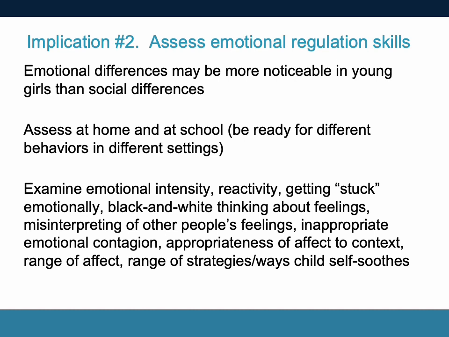Some of those include exaggerated emotional intensity, going from 0 to 60 very, very quickly, but then also categorically stopping that high emotion and jumping into a different emotional state, almost as if these are discontinuous emotional experiences. Parents often report high levels of reactivity, some of which doesn't seem to make a lot of logical sense, or getting stuck emotionally on something and having a hard time moving through it.